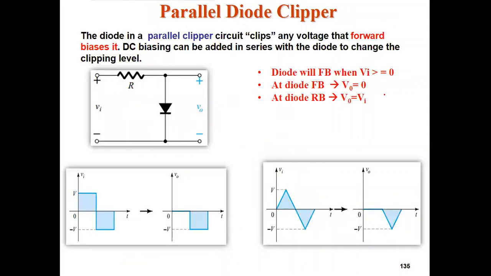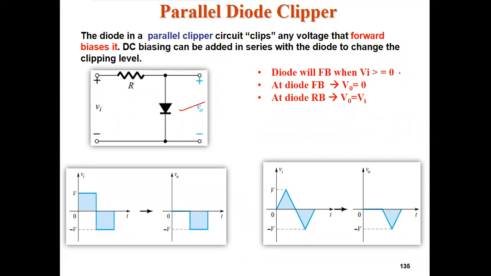Similarly you do the other diode problems. Similarly for the parallel diode, the same thing, you just look at when it will be forward biased. First of all, in this problem, during the positive half cycle the diode will be forward biased.